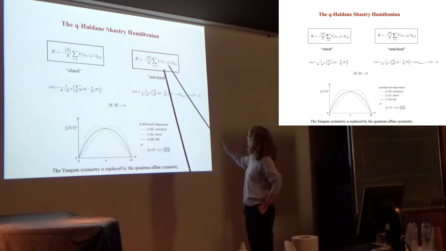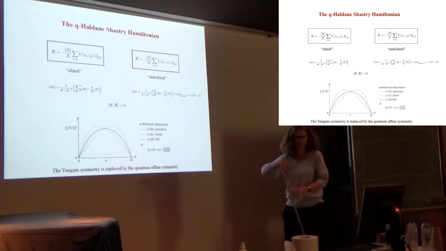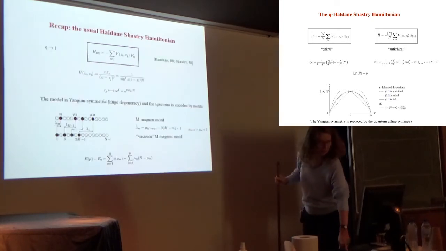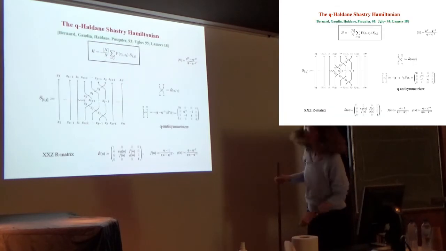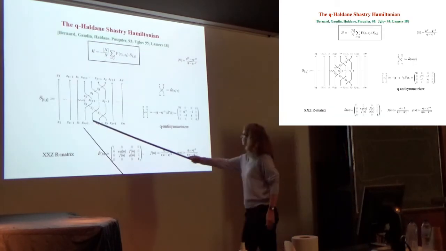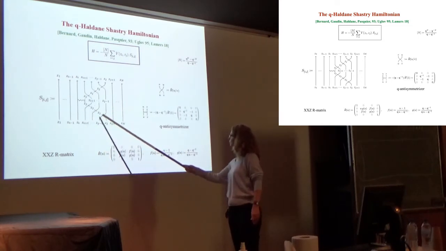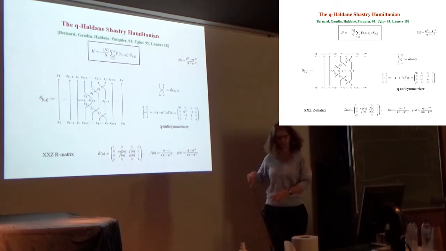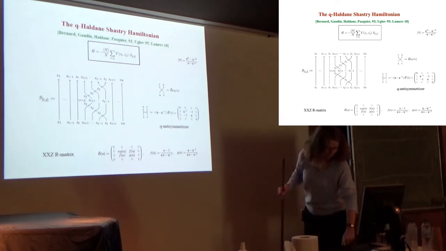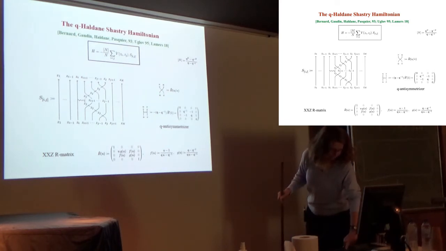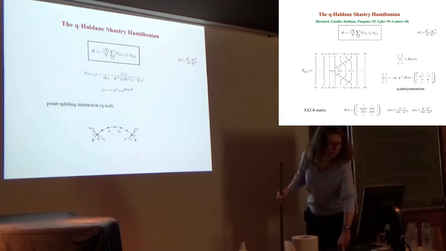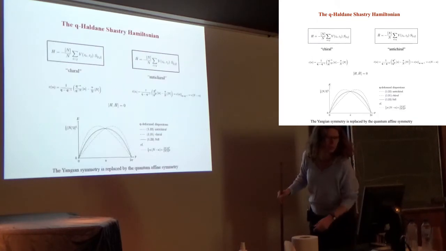So instead of having that, now this side is on the other side. So you have to do the same thing to transport the spins using the R matrix on the other side.